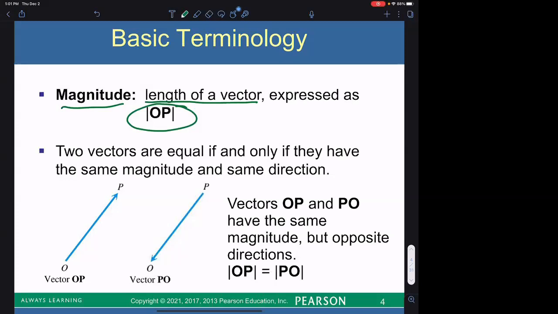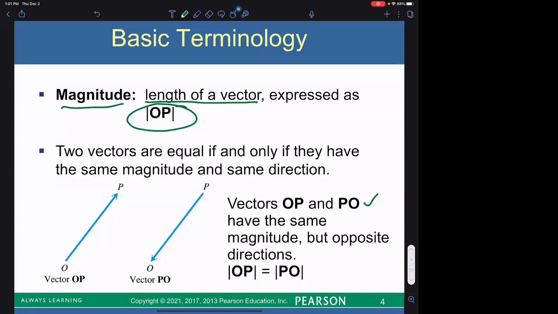So vectors OP and PO have the same magnitude, because if you're going between 2 points, the distance between the 2 points will be the magnitude of the vector, no matter which one was first and which one was second. But they won't have the same direction, because one of them you went from O to P and the other one you went from P to O.